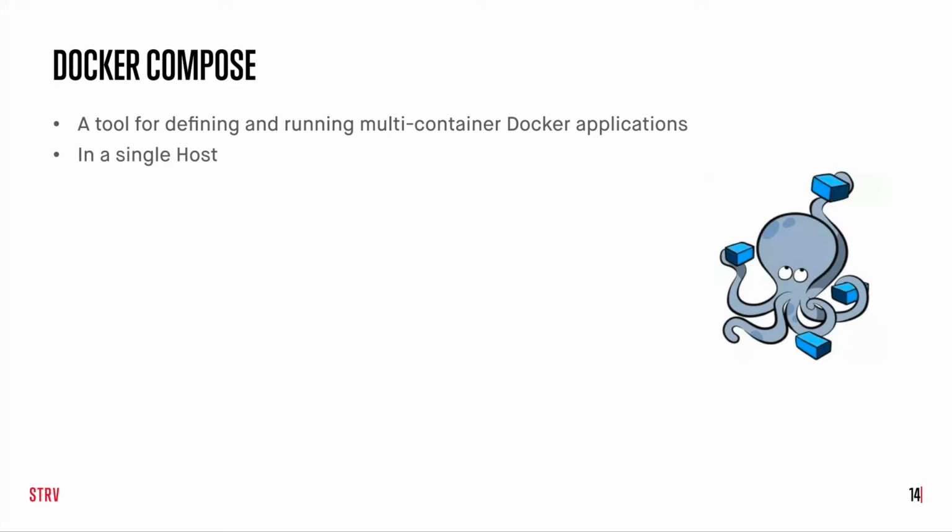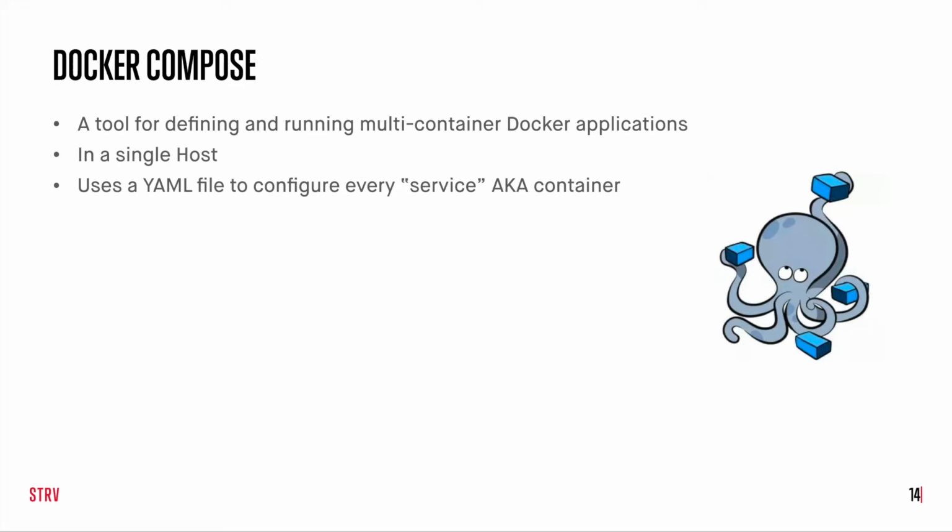There is version 2, which is preferred to use on a single host, and then there is version 3, but we will talk about it later next session. That is for multi-host environments, but this is for version 2. For local development, you should use version 2 because you are developing on a single host.